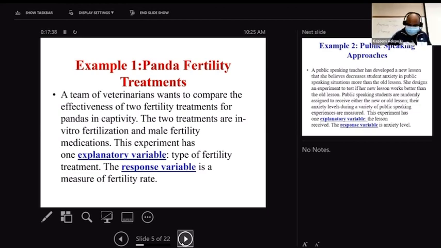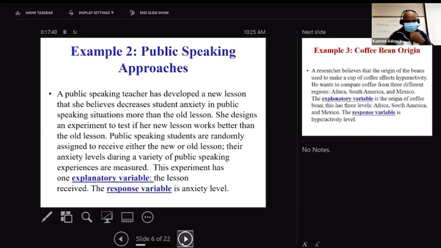Okay, now I'm going to go into another example. Public speaking approaches. A public speaking teacher has developed a new lesson that she believes decreases student anxiety in public speaking situations more than the old lesson. Now take a look at that. That was the old lesson.